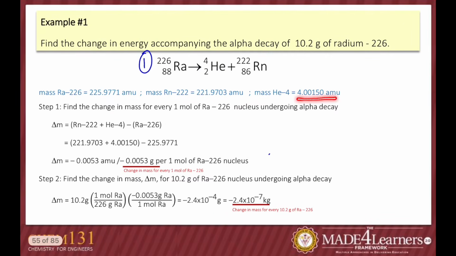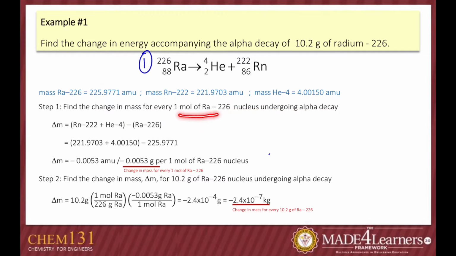Next, we are looking for their masses. This is 1 mole, 1 mole, 1 mole, based on the coefficients. 1 mole of radium nuclide undergoing alpha decay. So, the next step is to find the change in mass for every 1 mole of radium-226 undergoing alpha decay.